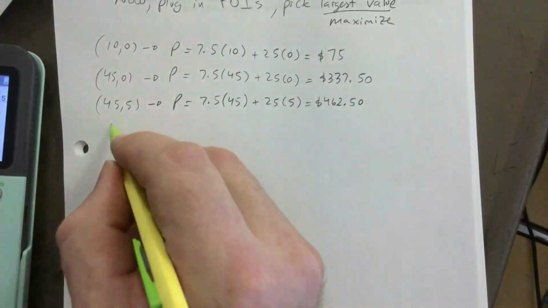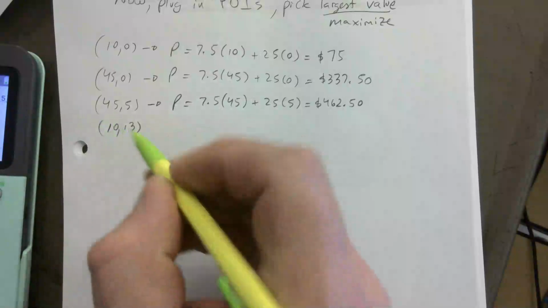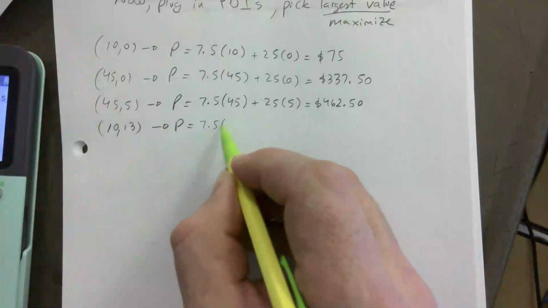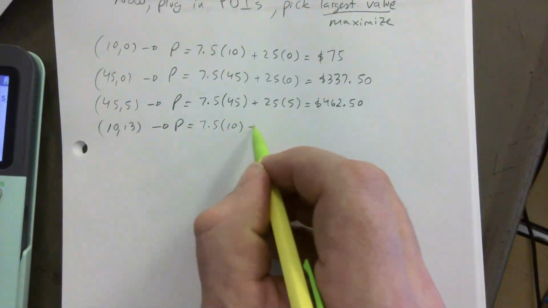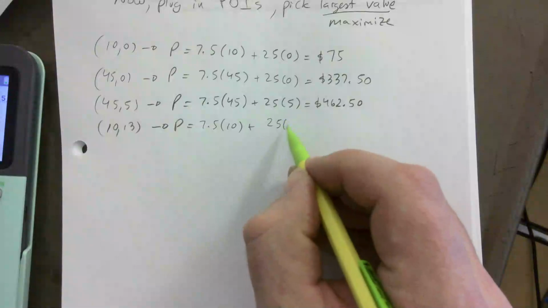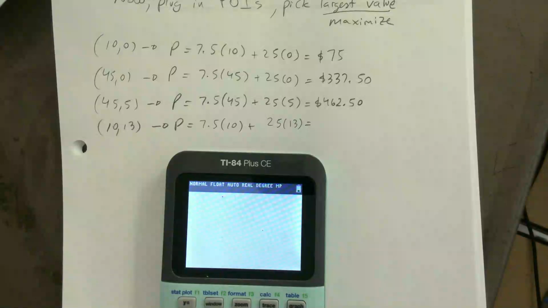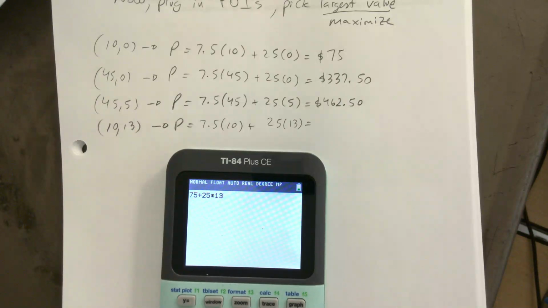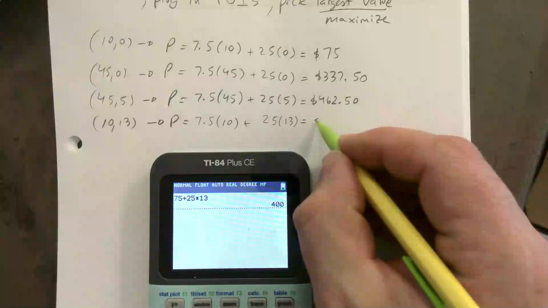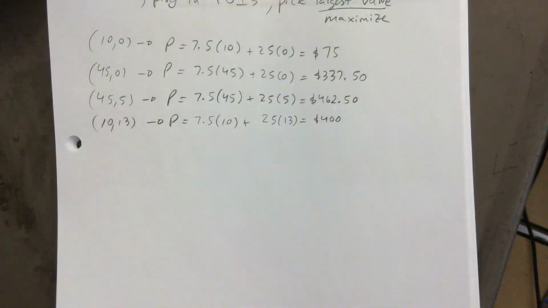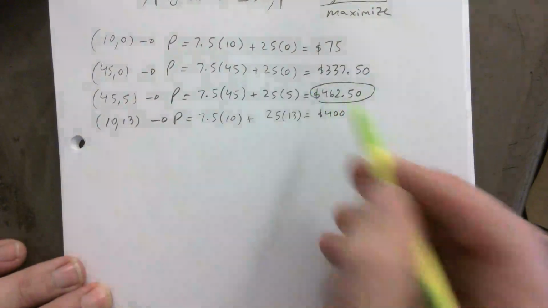And then last but not least is 10, 13. Even if your POIs are wrong, if you do this part right, you still get marks here. Okay. So that would be essentially 75 plus 25 times 13. That's 400. Which one maximizes?